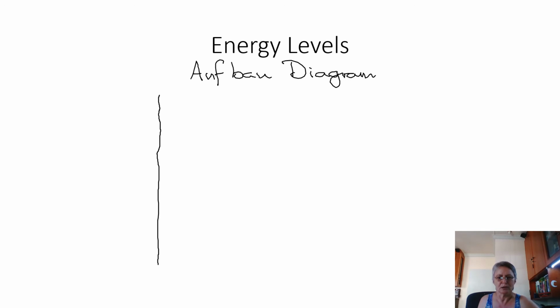Sorry for my crooked line here. We draw the y and the x, and the y is called the energy. On the y-axis we're going to draw the energy levels. So you've got 1 energy level, 2, 3, 4. We only go up to 4.